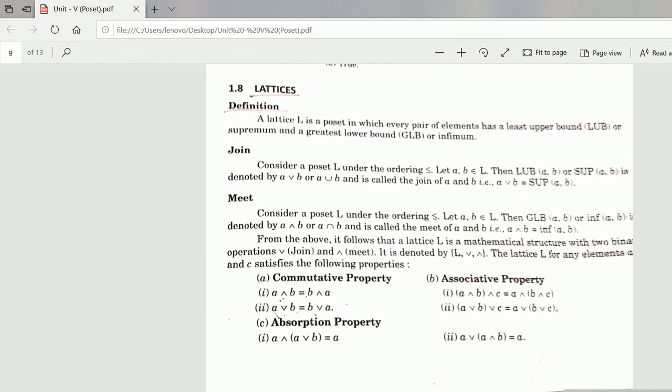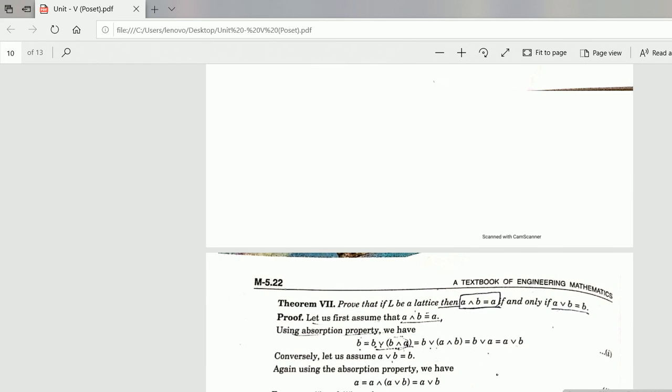Commutative property: A join B is equal to B join A, and A meet B is equal to B meet A. Similarly, associative: A meet (B meet C) is equal to (A meet B) meet C, and A join (B join C) is equal to (A join B) join C. Absorption property: A meet (A join B) is equal to A, very important, and A join (A meet B) is equal to A. So this is a very important definition to remember.